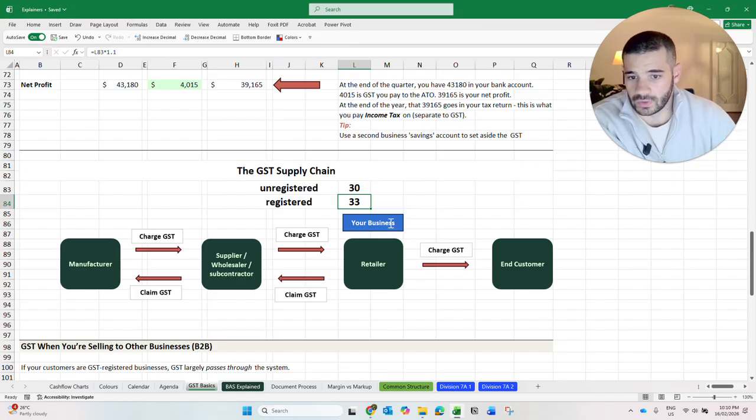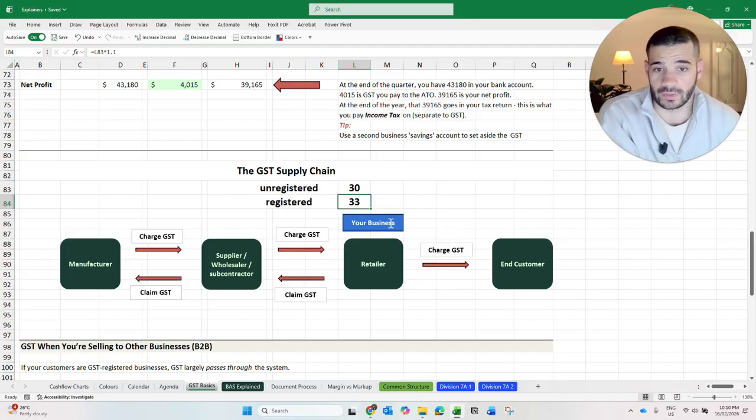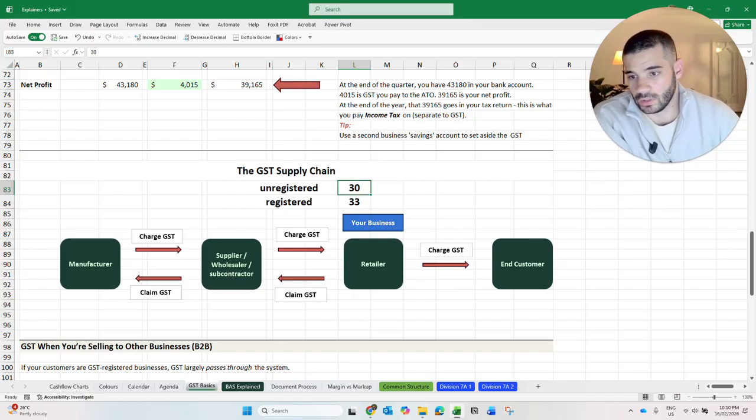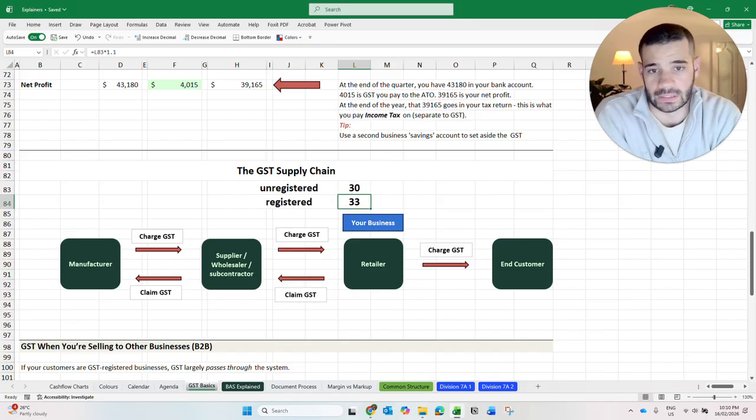So when we're in this position, we actually have to have a think about our pricing and say, okay, well, are we happy to add 10% to the price? Are our customers still going to pay that? Or are we nervous that that's going to push the price too high?